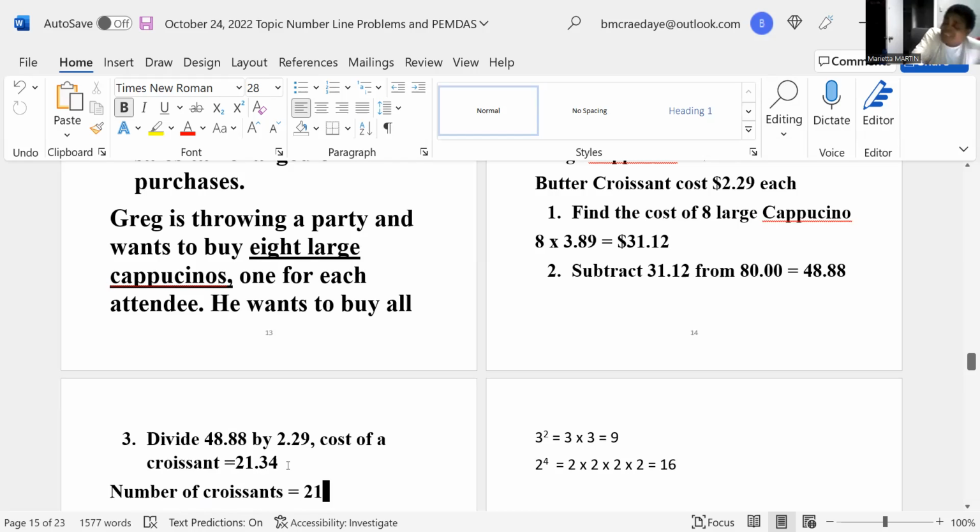So you can only buy 21. That represents the number of croissants. You think about what you're buying. You can't buy a fraction of a croissant. They don't sell you halves. The bakery only sells you whole croissants.